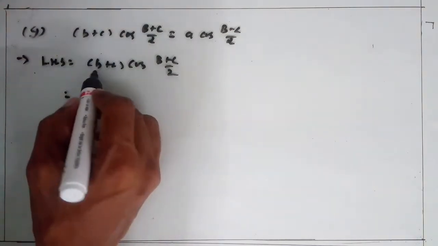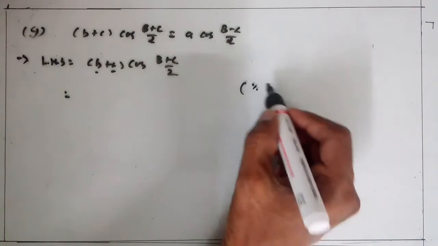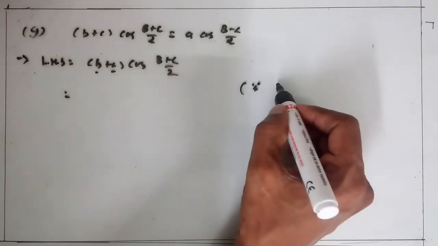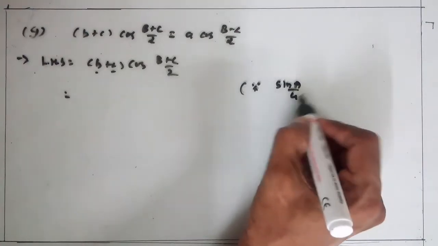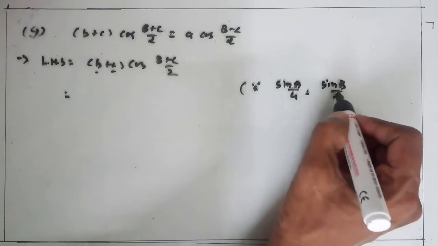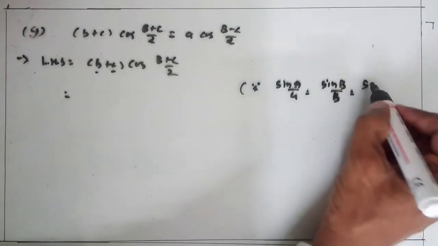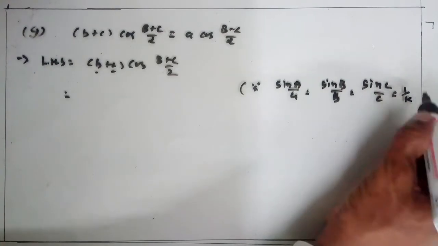Here for b and c, use the sine rule: sin A upon a is equal to sin B upon b is equal to sin C upon c is equal to, say, 1 upon k.